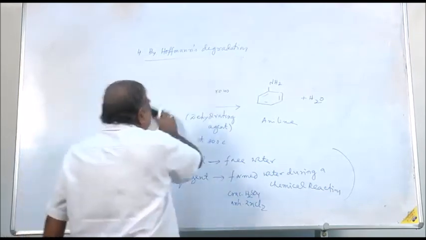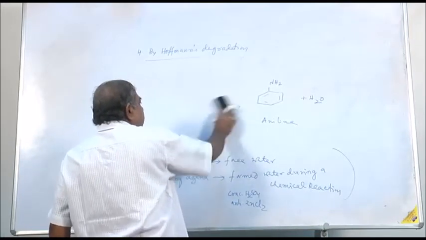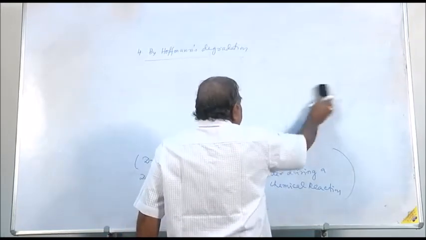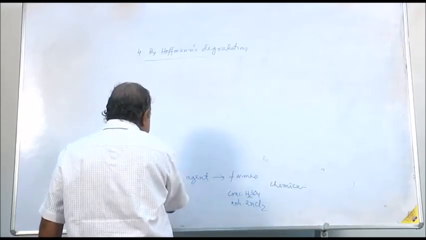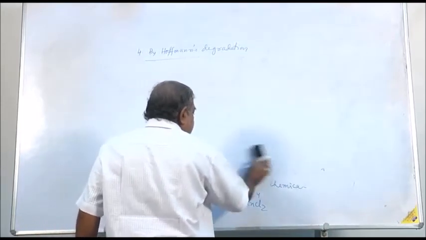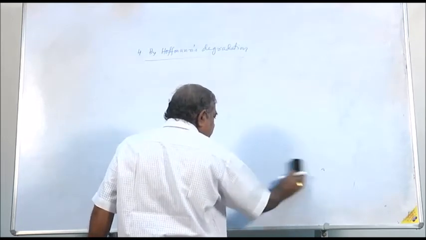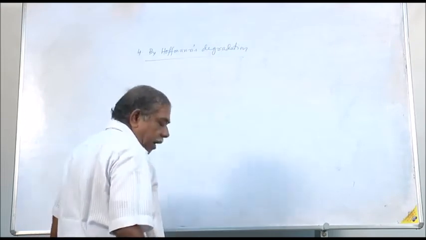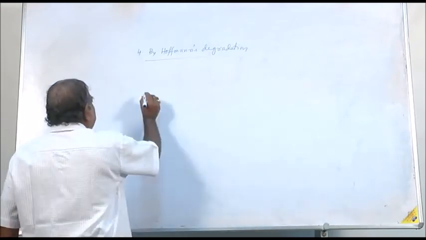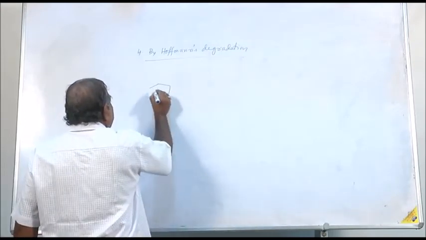When benzamide is heated with bromine and potassium hydroxide, you will get aniline, where you will find the final compound contains one carbon atom less than the benzamide.